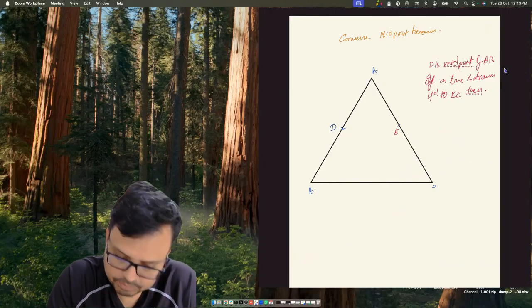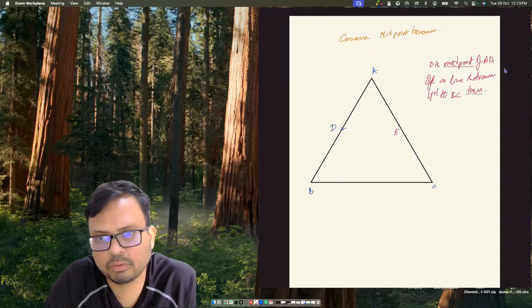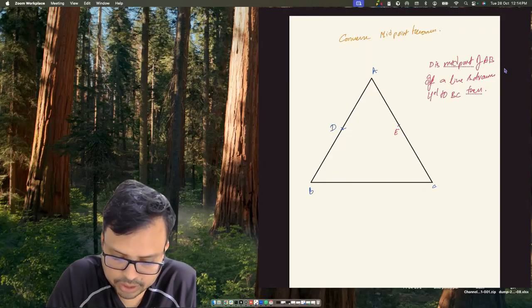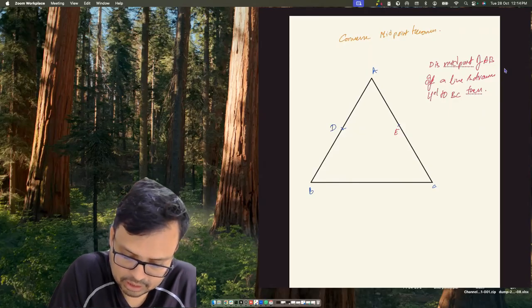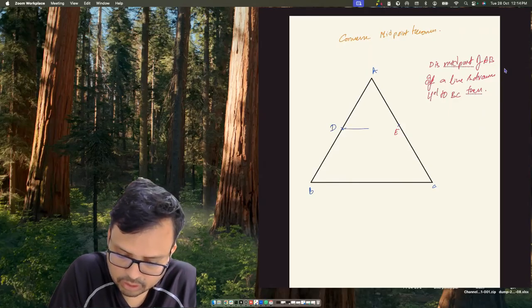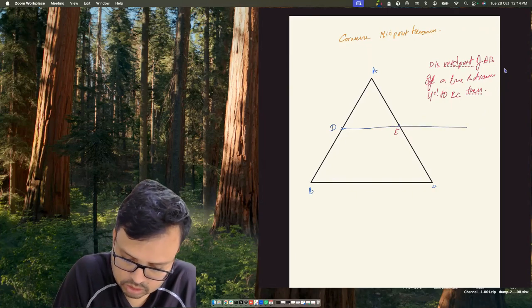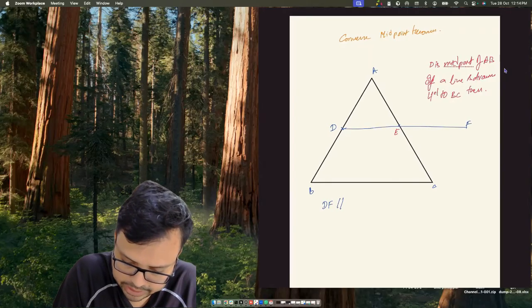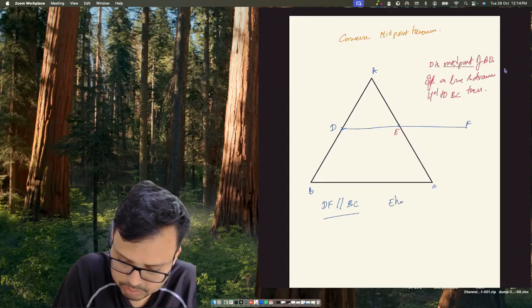So if you look at triangle ABC, what the converse midpoint theorem says is, they give one midpoint D and they don't give the other midpoint, but they say that if I take one midpoint and draw a line, let's say DF, which is parallel to BC, then E has to be the midpoint.